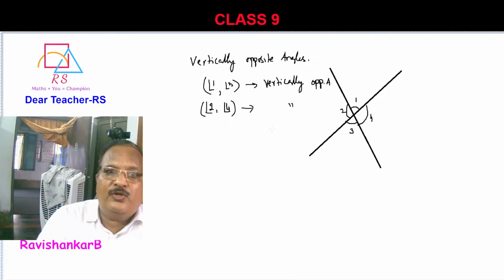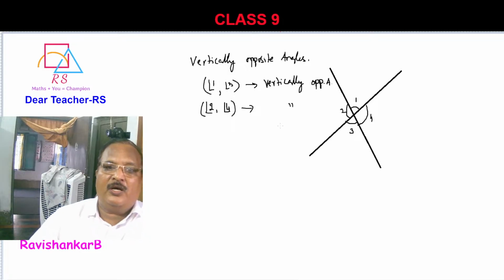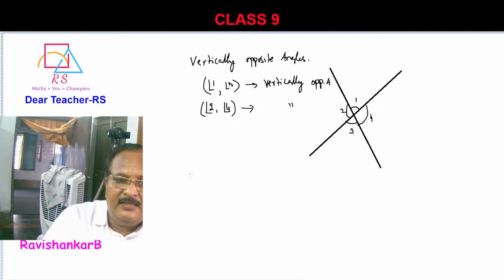So when two lines are intersecting, two pairs of vertically opposite angles are formed. Now the theorem is about vertically opposite angles. It is not an axiom, it is a theorem. Vertically opposite angles are equal.